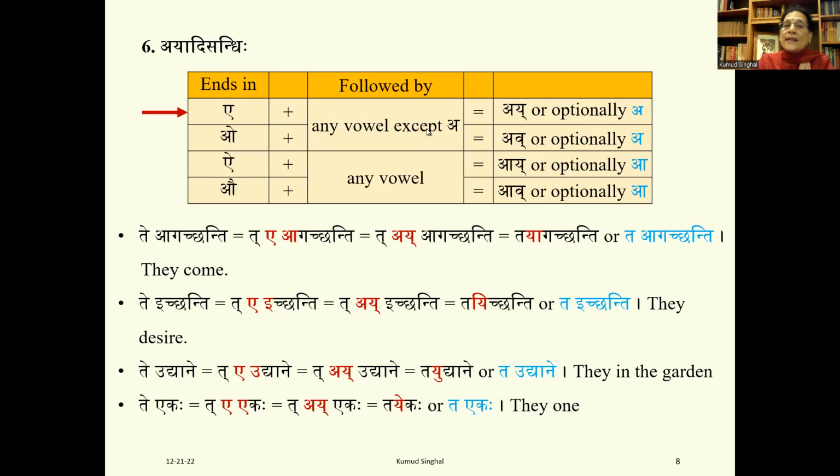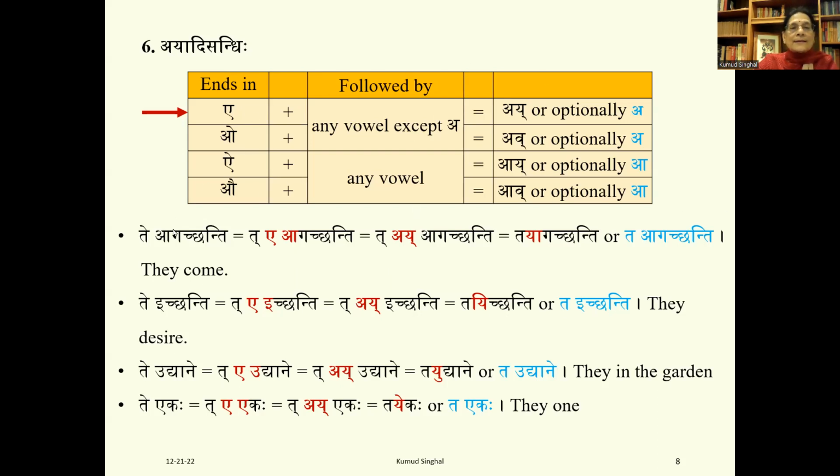And if it is followed by any vowel except A, then A is replaced by I or optionally by A. The second case will be when O is followed by any vowel except A, then O is replaced by Av or optionally by A. If I is followed by any vowel, then I is replaced by I or optionally A. And if Au is followed by any vowel, then Au is replaced by Av or optionally A. So we're going to discuss each of these cases and give examples.